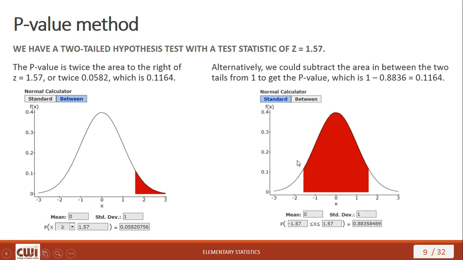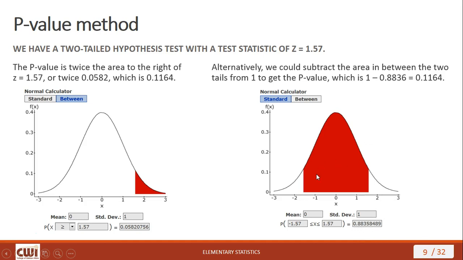Alternatively, we could take the area in between the two tails using the between option for our normal calculator. If we do that and put in both the positive and negative z-scores for our test statistic into our calculator, the area that comes out will be the area in between the tails. So we're going to have to take the complement of that area in order to get the area in the tails. When we do that, as you can see here, the area in between the tails is 0.8836.